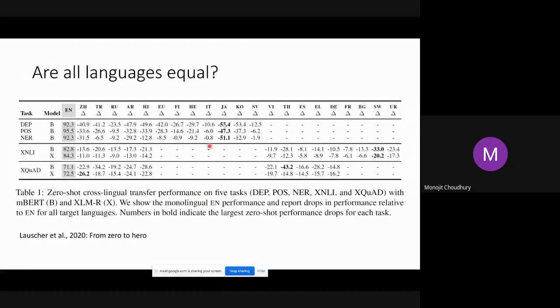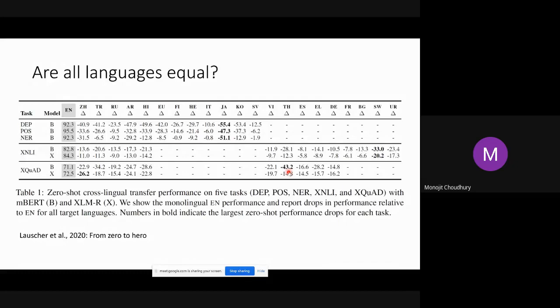As you see, the highest gaps for syntactic tasks, dependency parsing, POS tagging, NER, are for Japanese, whereas XNLI is a semantic task where the highest gaps are for Swahili, and XQuAD is a question answering task where the highest gap is for Thai. So like I said, for different tasks, different models and different languages work better. There is a lot of variability here.